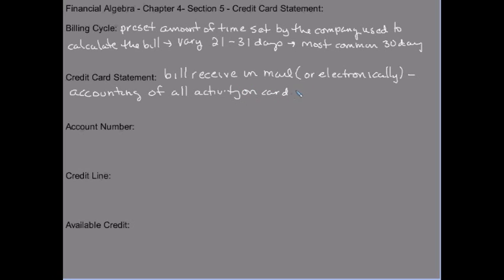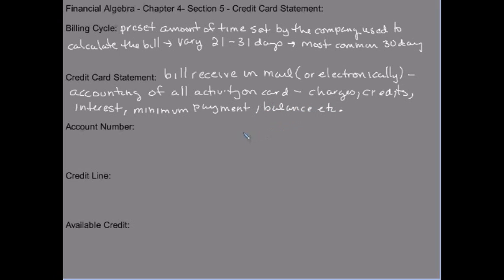So this is charges, credits, interest. They tell you your minimum payment, balance, etc.